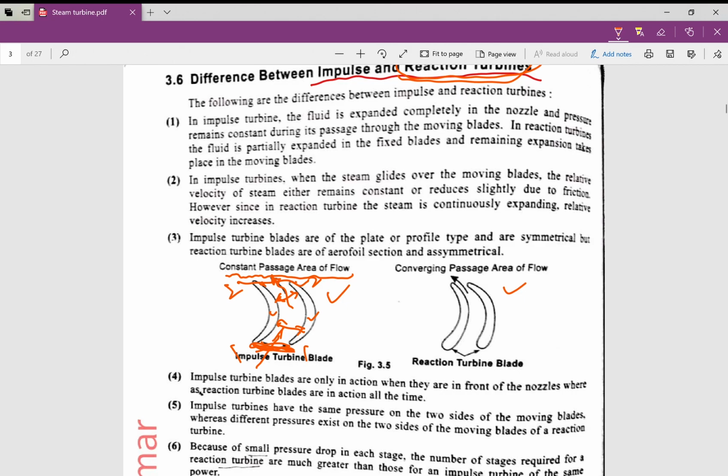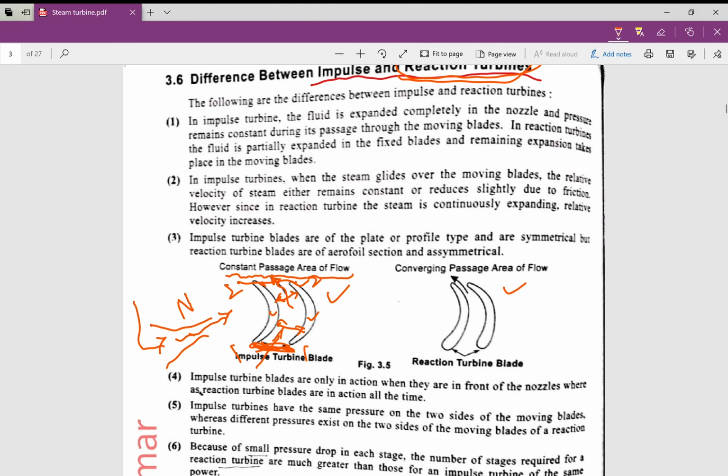So then it is told, first let us start with the nozzle. Steam comes from the boiler and enters this nozzle part, and then from this nozzle steam is supplied at very high velocity, and then it glides in between two consecutive blades of the steam turbine.